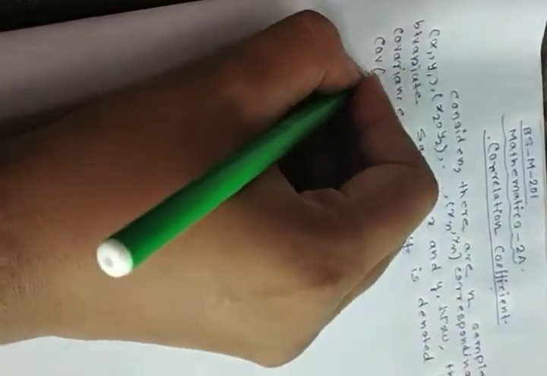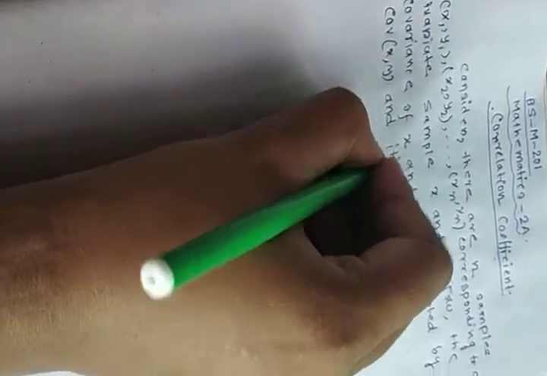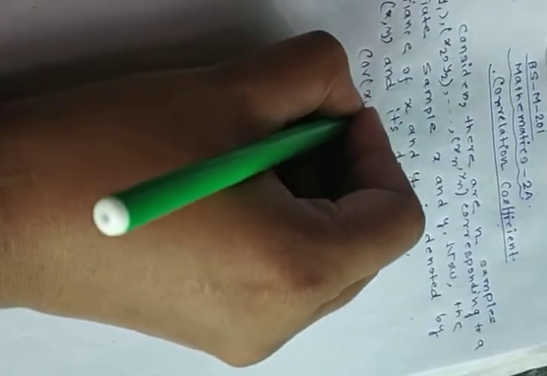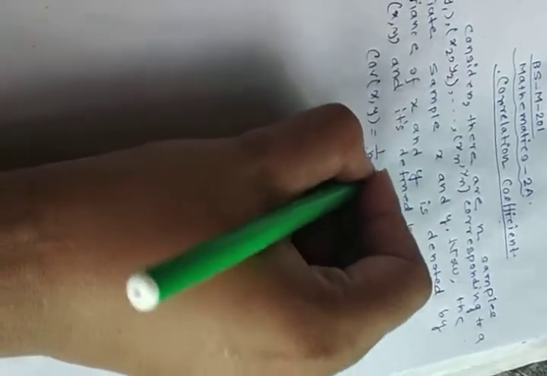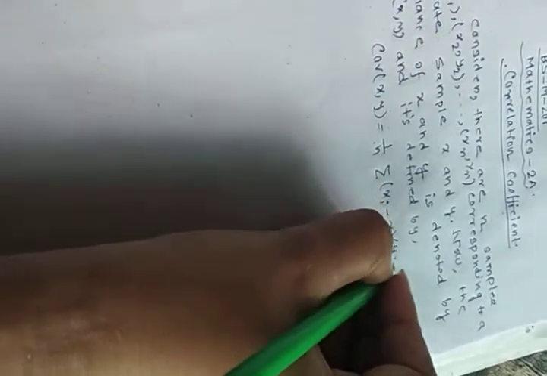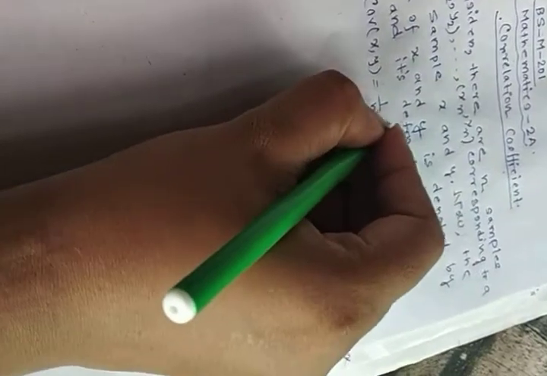COV(x, y), and it's defined by COV(x, y) equals 1 by n summation of (xi minus x bar) into (yi minus y bar). This is the y bar, this is the x bar. What are x bar and y bar? Actually x bar and y bar are the means of x and y respectively, and here i equals 1 to n.